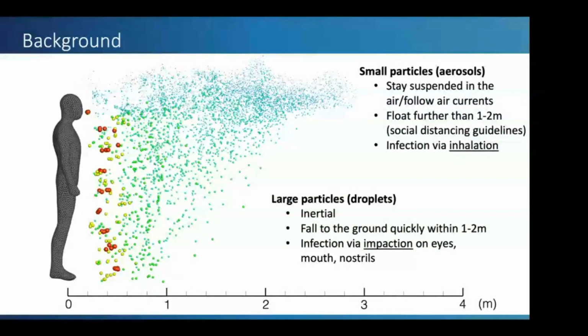And those particles will cause infection by inhalation. In comparison, we have the larger particles, which are just too heavy to remain entrained within that jet. Those will fall out pretty quickly and won't travel as far. So those can cause infection via impaction, whether that's on the eyes or the mouth if you're standing close enough to someone who would be speaking or coughing or sneezing.